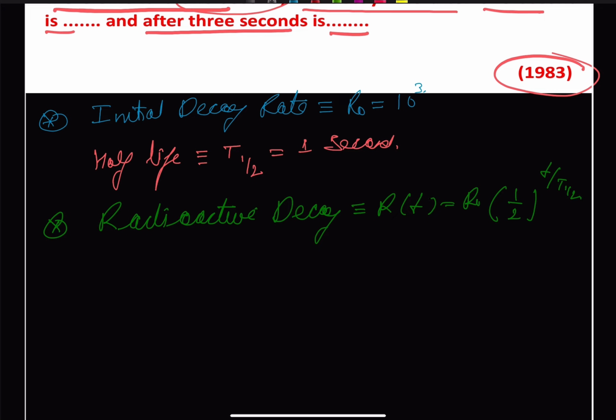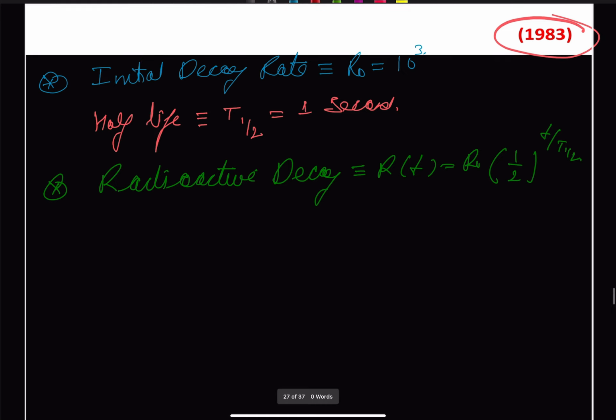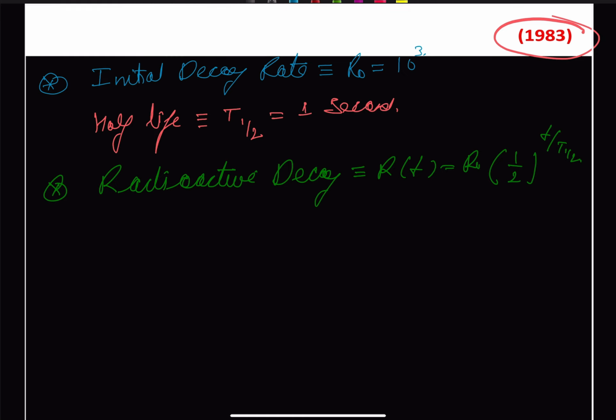And first of all we are going to find out the rate after 1 second. Which basically means the value of t is equal to 1.